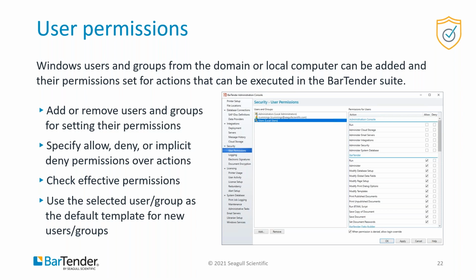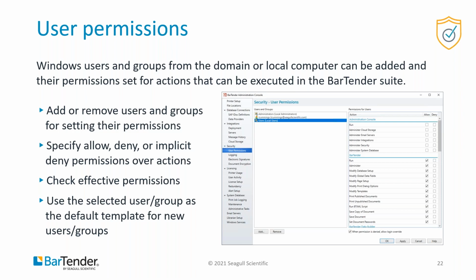As you'll see, we have quite a long list of protected actions that can occur in different aspects of the BarTender software. For each of the users and groups that you add, you can specify allow or deny permissions. If neither of the allow or deny checkboxes is ticked, then this is the same as an implicit deny.